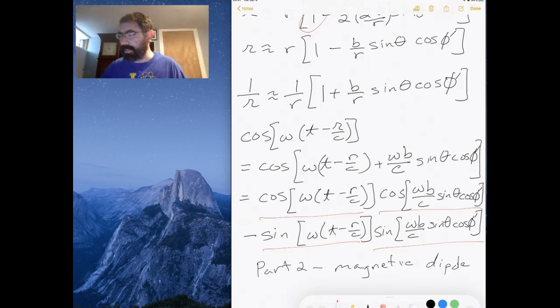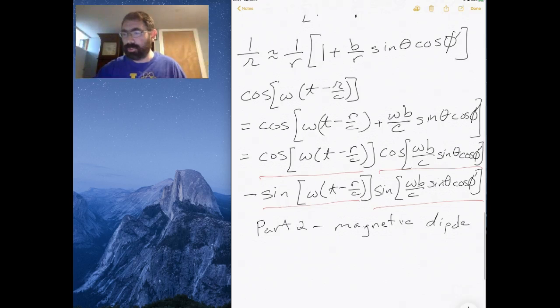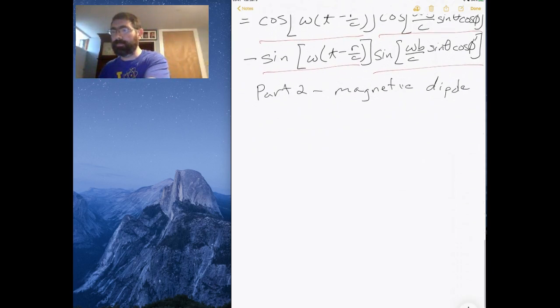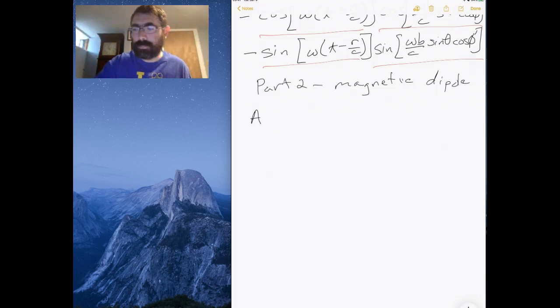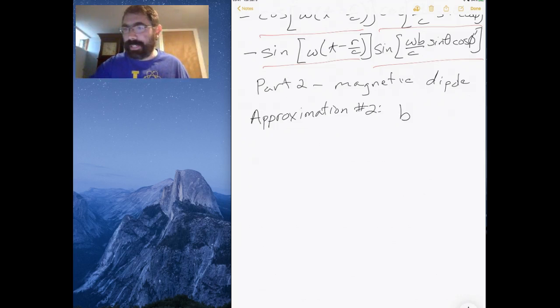So we're going to apply another approximation, approximation number 2, which says that the radius of this loop of current is much, much less than c over omega, which is essentially saying that it's much, much less than the wavelength of the radiation that's being emitted.